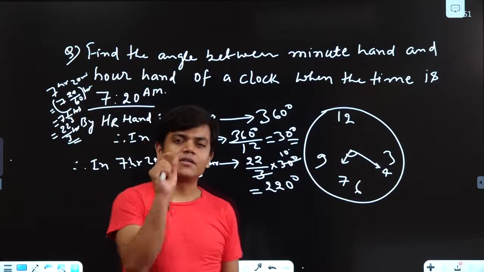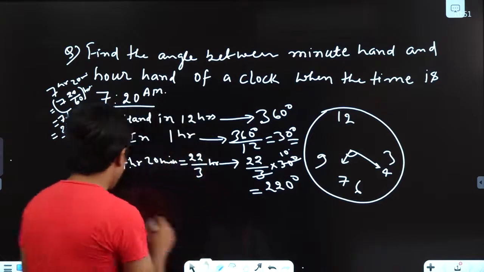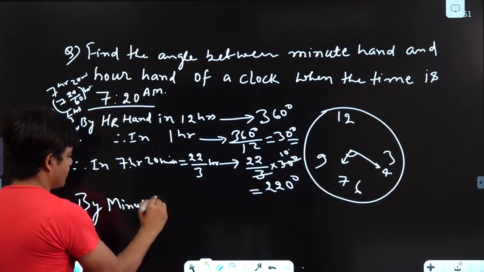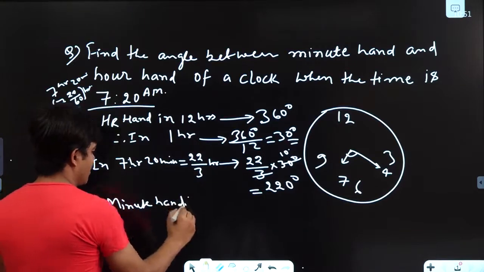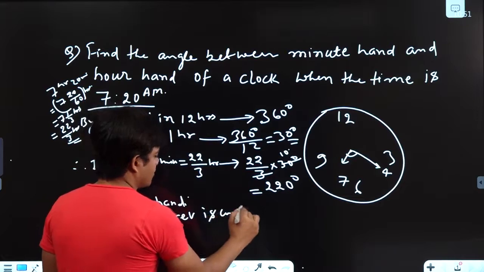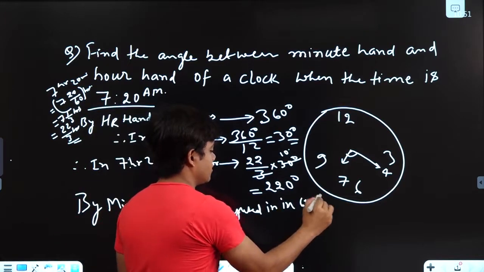We know that minute hand completes one revolution in 1 hour. So by minute hand, one revolution is completed in 60 minutes only.